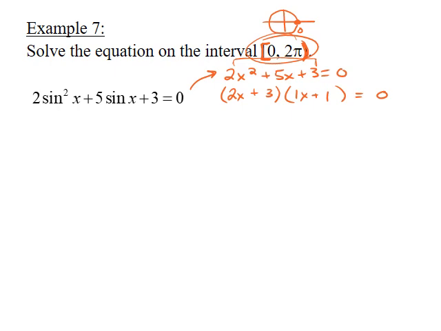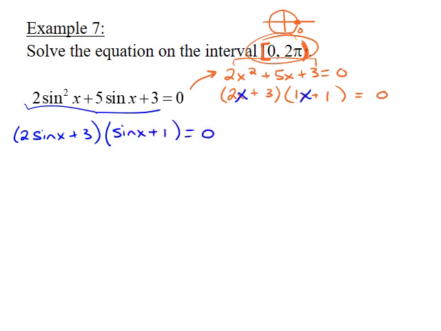Okay, so now that we know how to factor this, instead of x, we are going to replace x with sine of x. So this here factors into 2 sine of x plus 3 times sine of x plus 1.